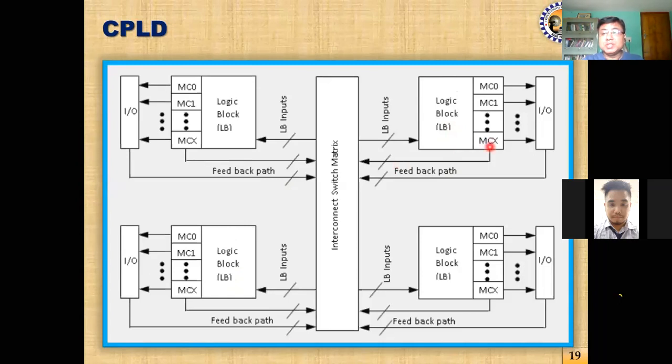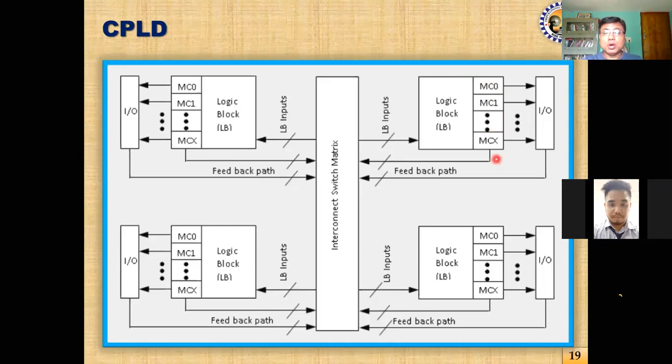And this MC0, MC1, MCX represent the macrocells. Regarding the functioning of the macrocell, we had an elaborate discussion in the previous class. Similar macrocells are located in these PLDs, so that we can implement sequential logic as well as combinational logic as per our requirement.